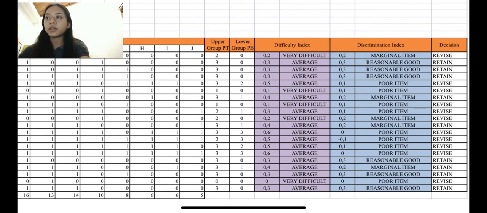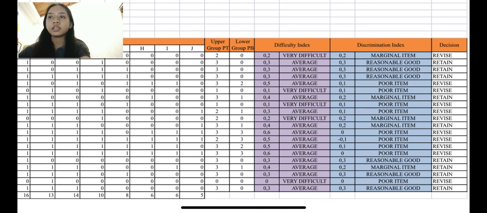It is the same answer with item number 18, and also item number 17, but the discrimination index is concluded to be a marginal item, but we should retain it, I think.